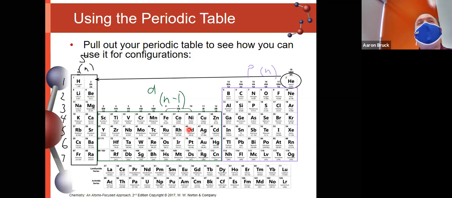This allows us to keep the proper order. Lastly, we've got our lanthanides and actinides here. This is the F block.